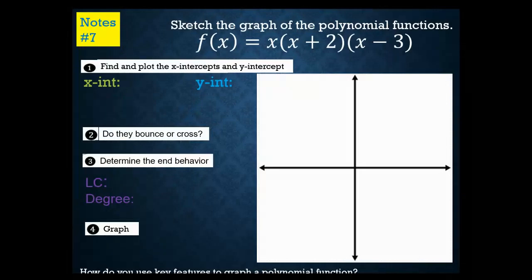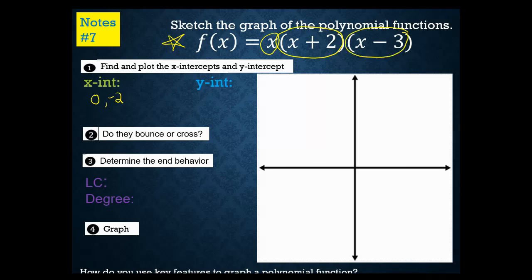Okay, so here's your first graph grid. Please write down this equation so that we can sketch the graph. So first we need to figure out the x-intercepts. So then we just go to the equation. This stands for 0. The next one, we take the opposite, so negative 2.